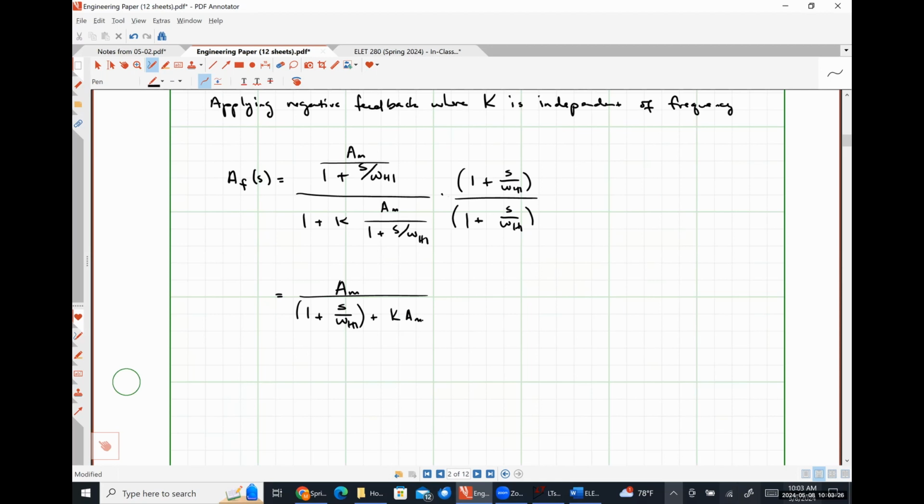So now I'm going to do something that's going to seem a little odd. I'm going to multiply by 1 over 1 plus KAM over 1 over 1 plus KAM.